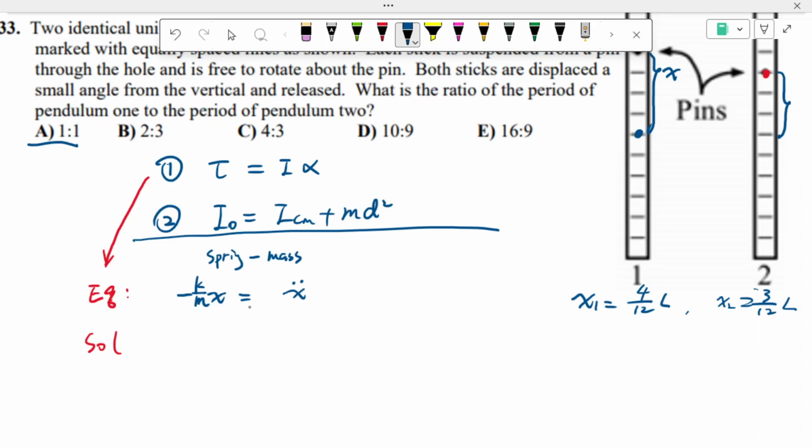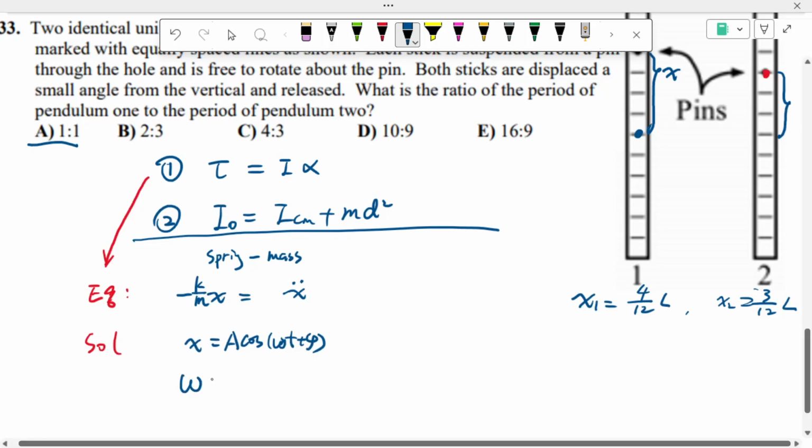The solution for this equation would be x equals amplitude times cosine, or sine, of omega t plus phi. The phi is the phase, and omega squared is the coefficient before x, which is k over m here. This is what we learned before in simple harmonic oscillation, right?